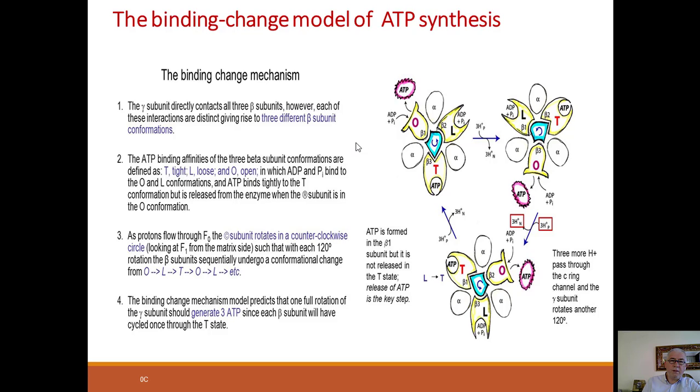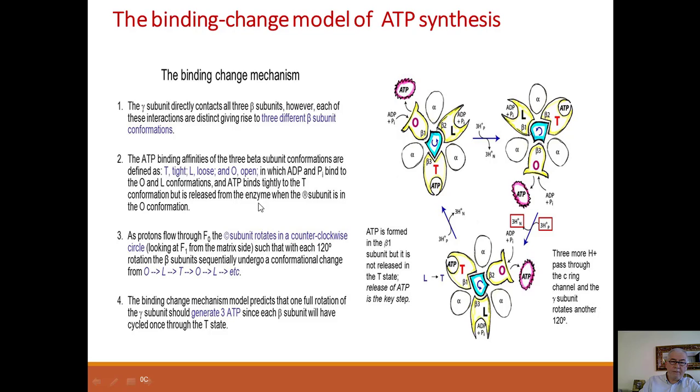However, each of these interactions gives rise to three different beta subunit conformations. The ATP binding affinities of the three beta subunit conformations are defined as T, L, and O: T means tight, L loose, and O open, in which ADP and phosphate bind to the O and L conformations. Also, ATP binds tightly to the T conformation.